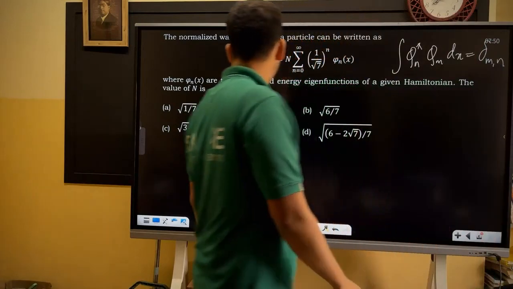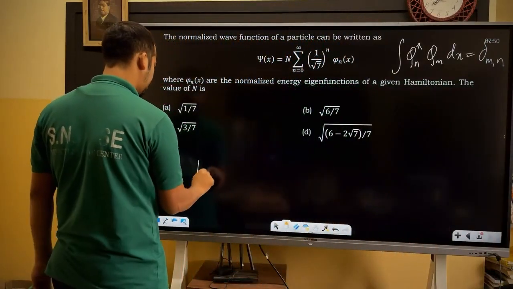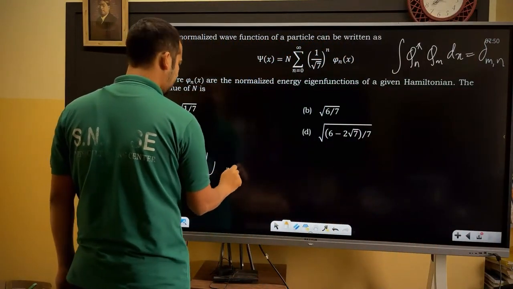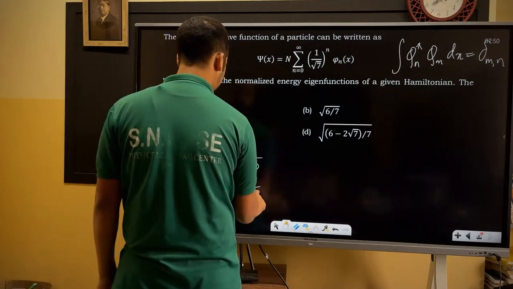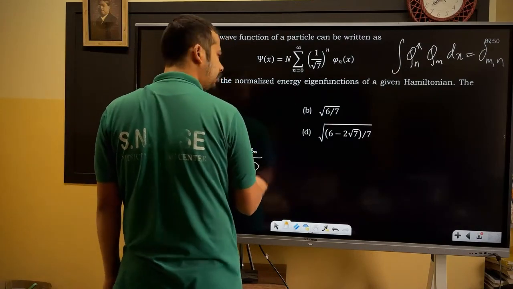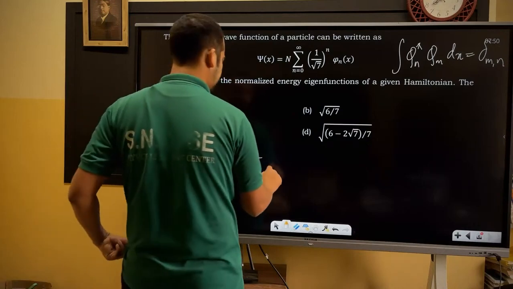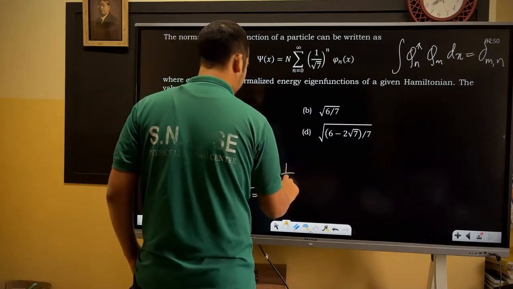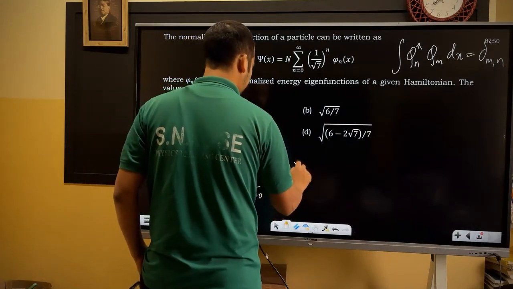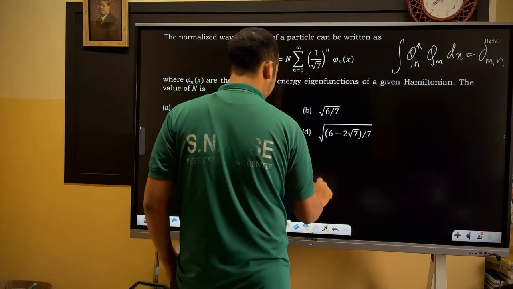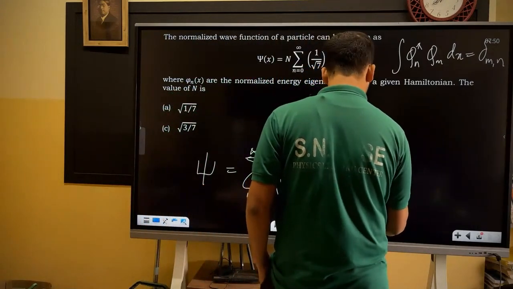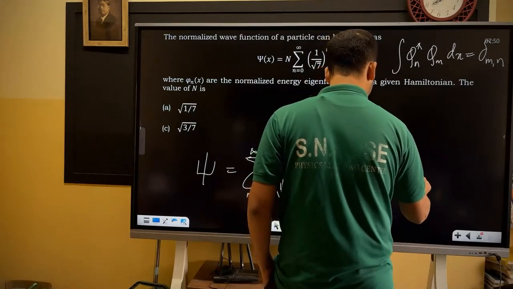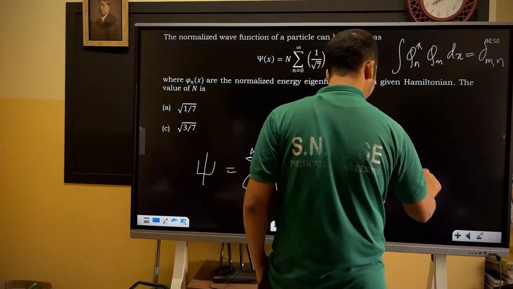So you wrote this psi of x as a summation over n equal to 0 to infinity of some quantum number n into 1 by root 7 power n times phi n of x. So that equals summation n equal to 0 to infinity c n into phi n of x.